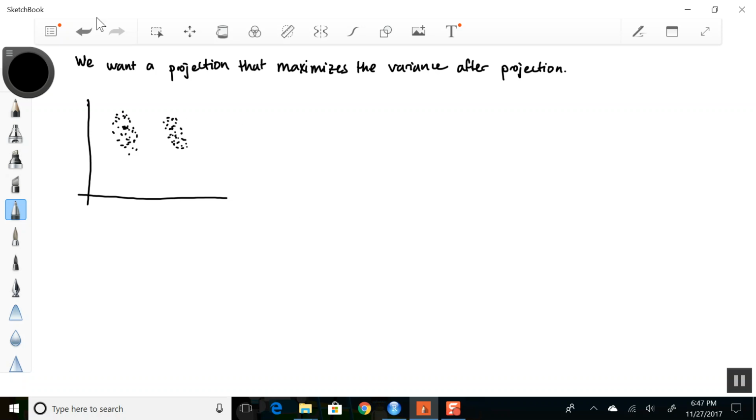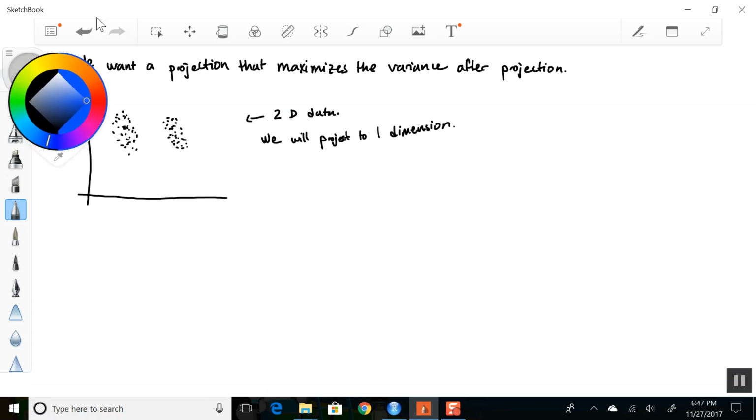And the idea here is, let's say we were going to project this onto just a one-dimensional surface, right? So we have 2D data, okay? We will project to one dimension.